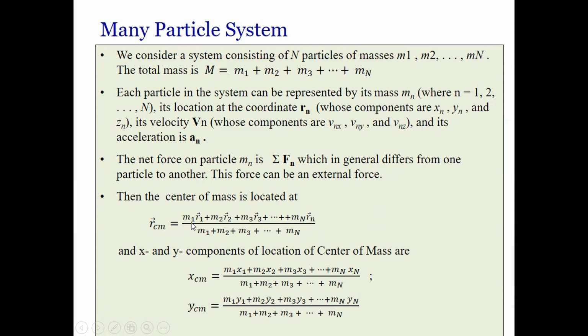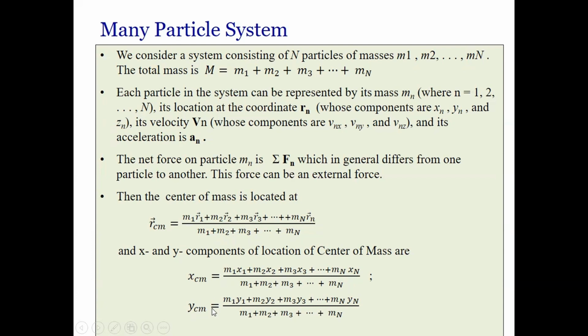For a many particle system, it will be m1 r1 plus m2 r2 plus m3 r3 plus m4 r4, and so on up till mn rn, divided by the total mass. So that its x coordinate, x center of mass, will be m1 x1 plus m2 x2 plus m3 x3, and so on until mn xn will be the last.